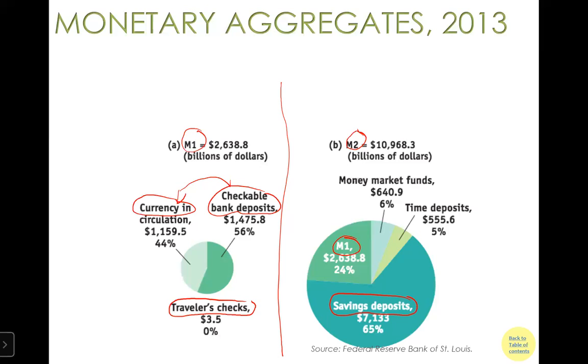Now the other two smaller things included in M2 are money market funds and time deposits. Time deposit essentially is like a long-term deposit you have. So if you have 6 months or 1 year, or maybe like 2 years. And the money market fund essentially is the money you put in your brokerage account.